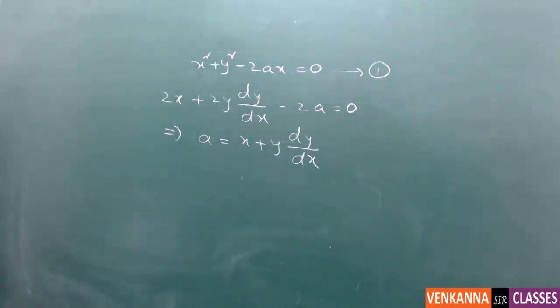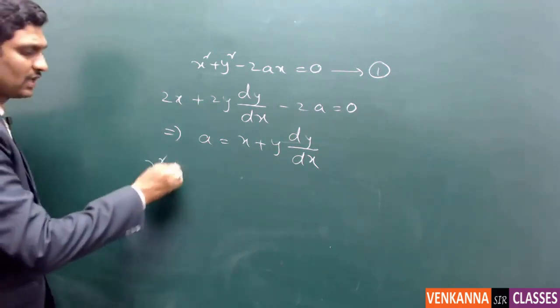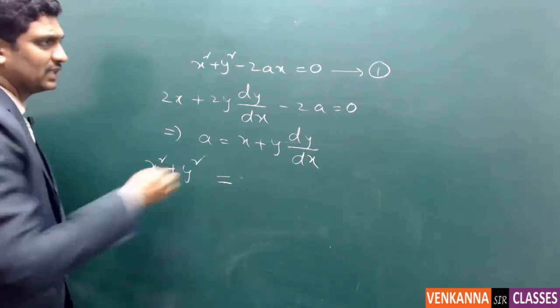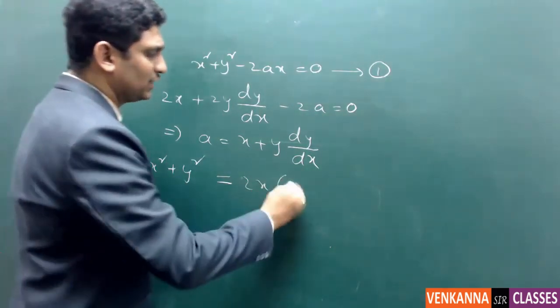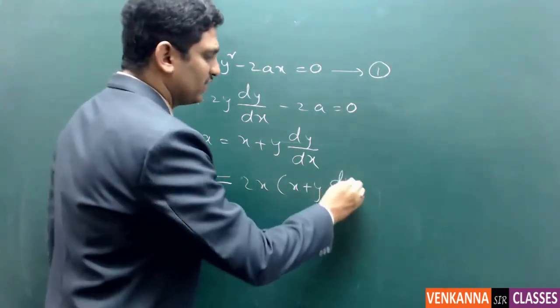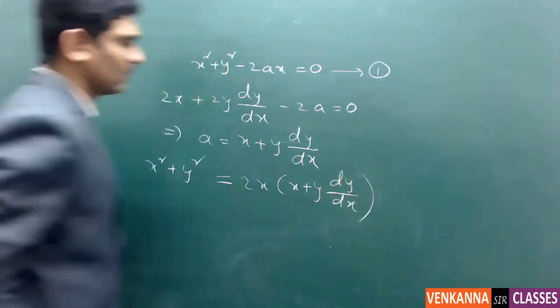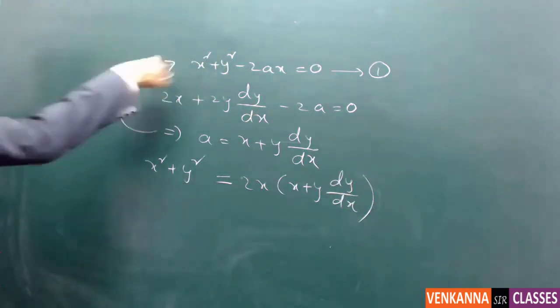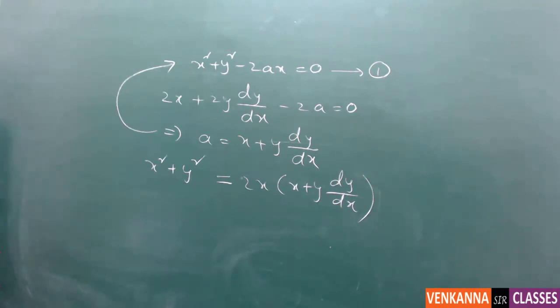So substituting the value of a in the given equation 1, we will get the required differential equation as x square plus y square is equal to 2x into x plus y into dy by dx.